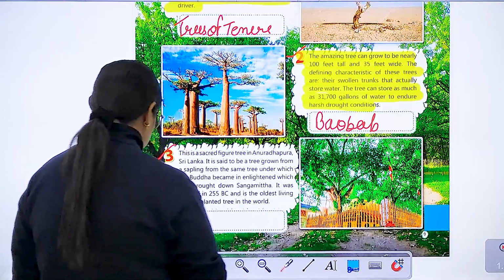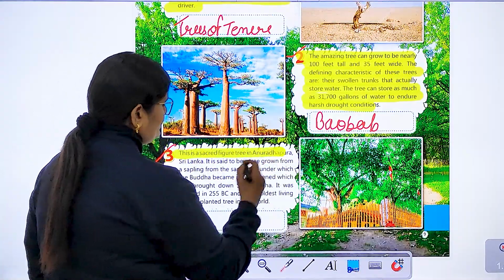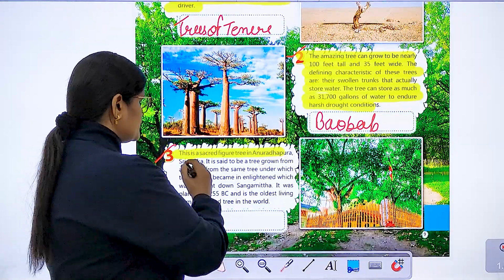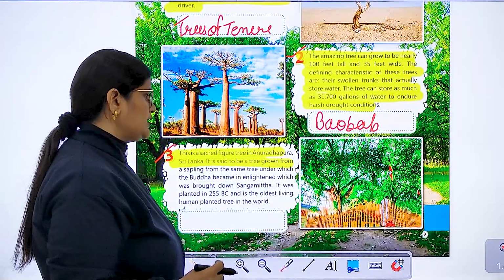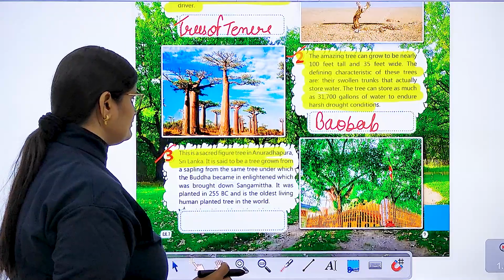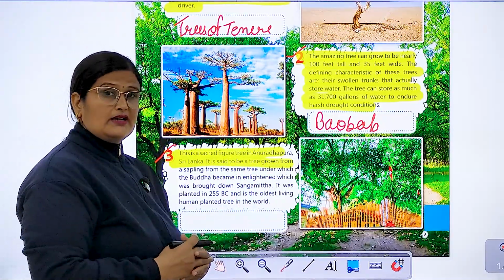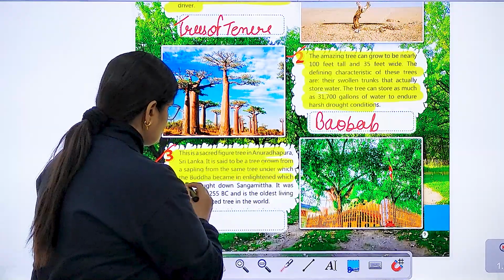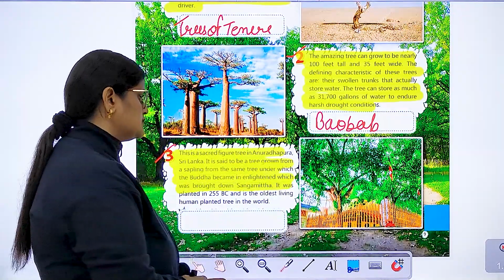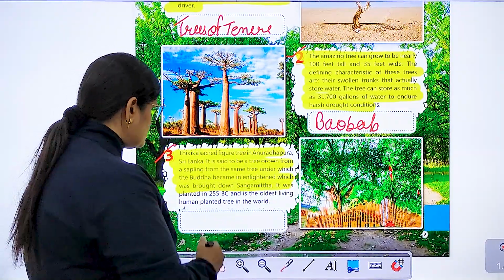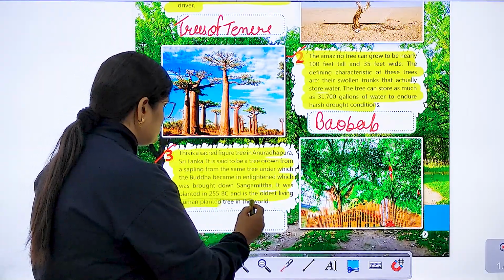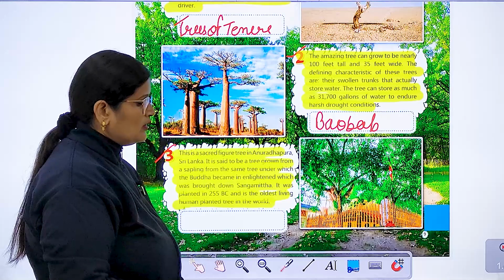Number 3. This is a sacred fig tree in Anuradhapura, Sri Lanka. It is said to be a tree grown from a sapling from the same tree under which the Buddha became enlightened, which was brought down by Sanghamitra. It was planted in 255 BC and is the oldest living human planted tree in the world.